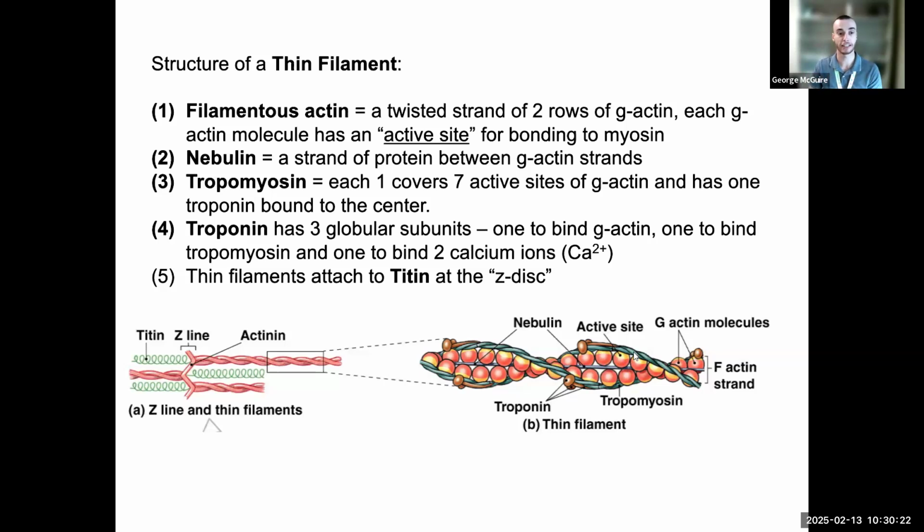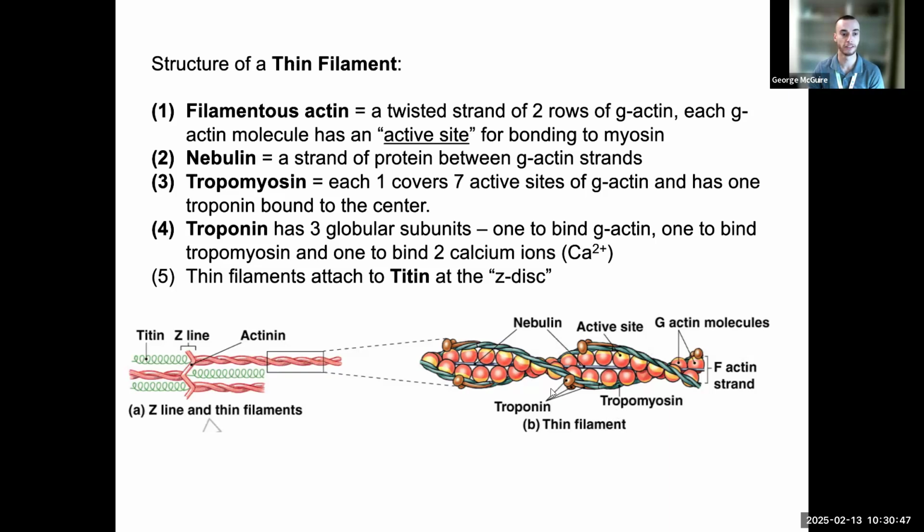But in its resting state, it is not available. The active site is blocked by a different type of protein called tropomyosin. So this green intertwining rope-looking protein is covering those active sites, essentially making that magnet unavailable, so it cannot attach to the thick filament and cannot be used for contraction.